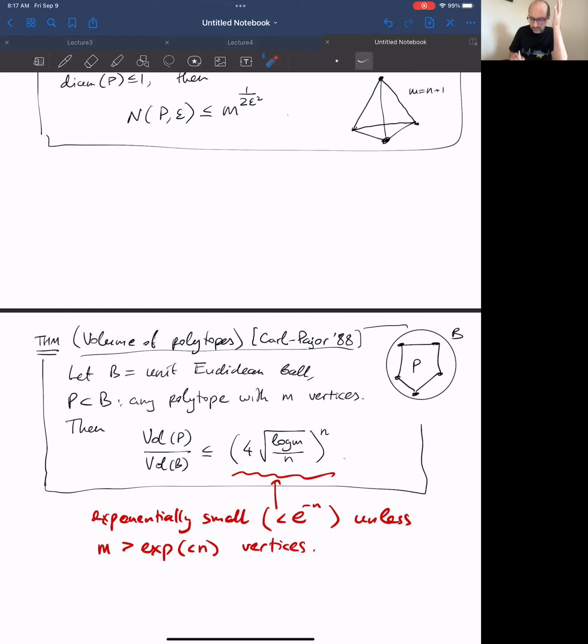In the right-hand side, the log is trying to fight with n. And unless you take m exponentially large, so that it kills the log, this ratio will be smaller than 1, and so the exponential will be very, very small. So this volume here is super, super small.